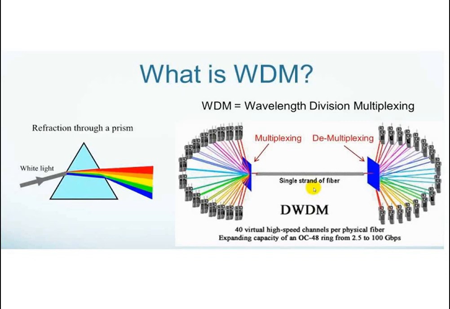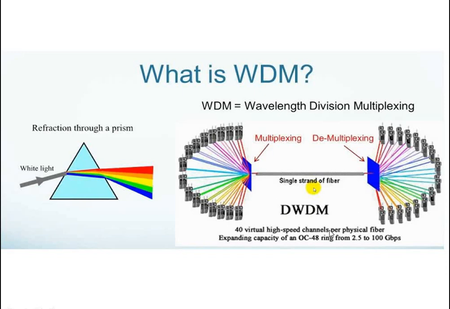However, starting from the early 1990s, the internet boom pushed service providers to find a method to increase the capacity on their network in the most economical way. So that is when WDM devices were invented.